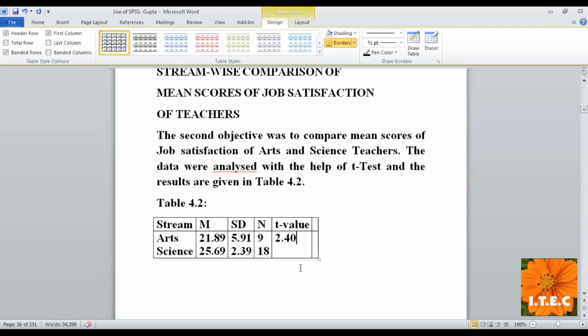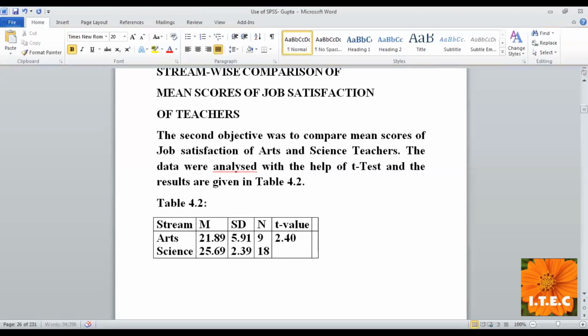Now you see here, what is the degree of freedom? Here the degree of freedom must be equal to 9 plus 18 minus 2. How much will it be? It is 25. Is that all right?